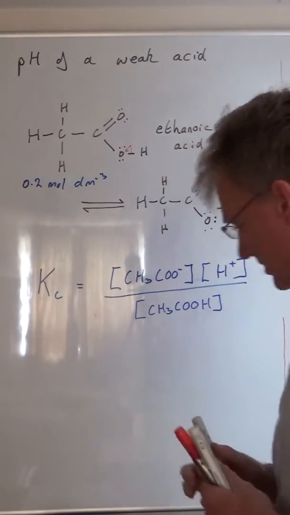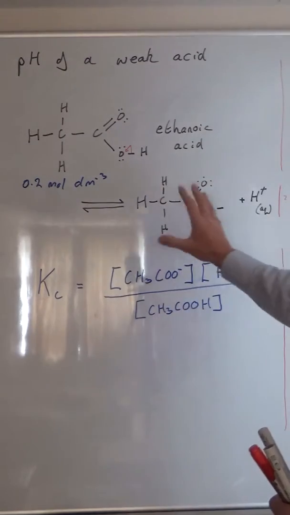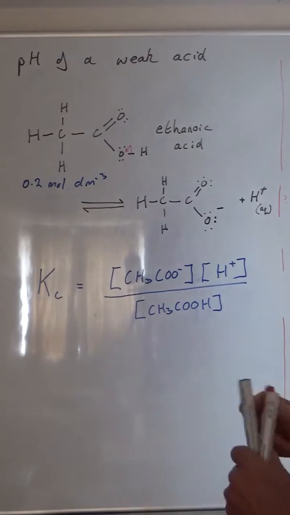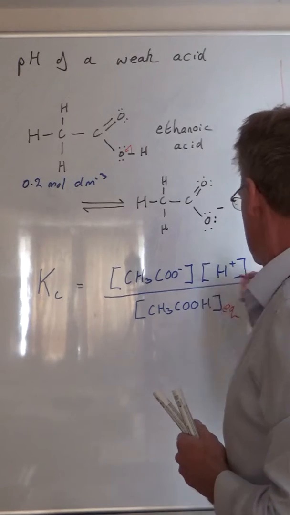A lot of people forget to tell you that these concentrations are the equilibrium concentrations, when it's reached equilibrium. I won't put them in all of the time, but just to remind you, these are the equilibrium concentrations.